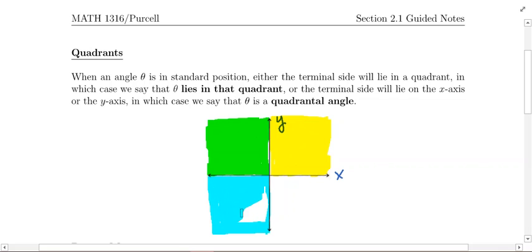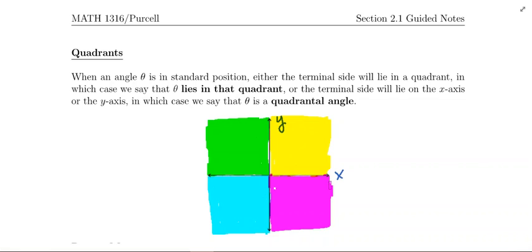And lastly, you've got the bottom right, which I'll put in another color. It's the southeast part. So you've got these four distinct parts that the plane is broken up into based on the intersection of the x-axis and the y-axis. These four distinct parts of the plane are called the quadrants.